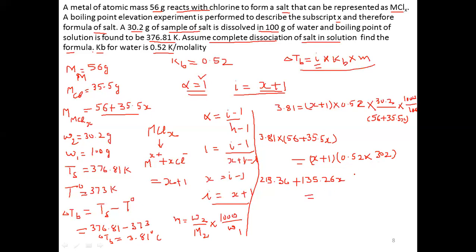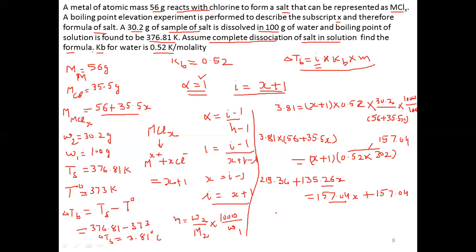First I will multiply it. 0.52 into 302 is 157.04, so it is 157.04x plus 157.04. Now take the terms of x on one side and other terms on the other side. I will take this to the right hand side and this to the left hand side.